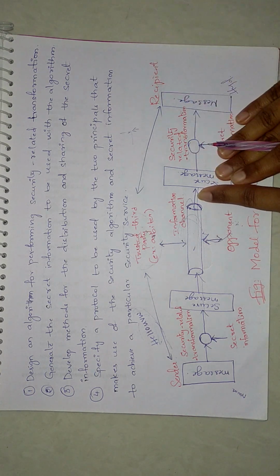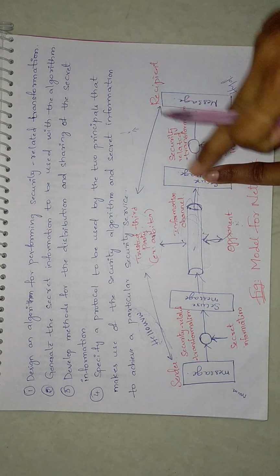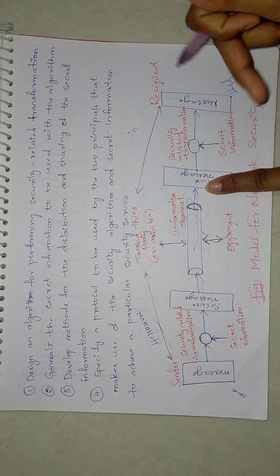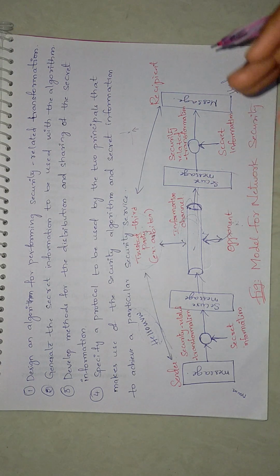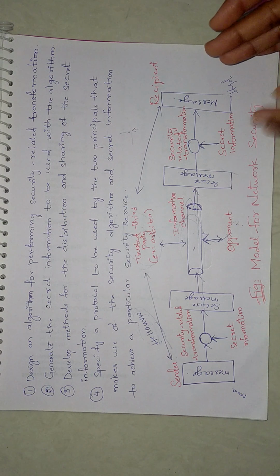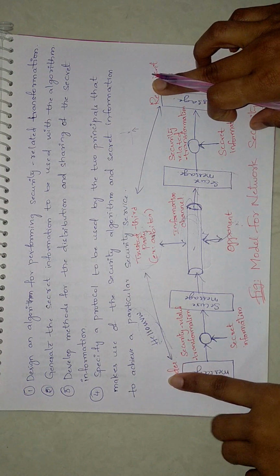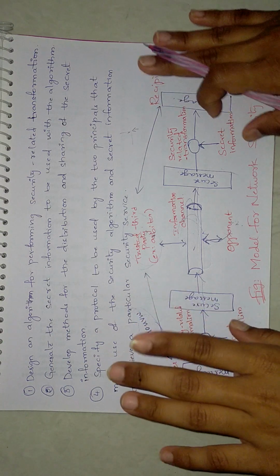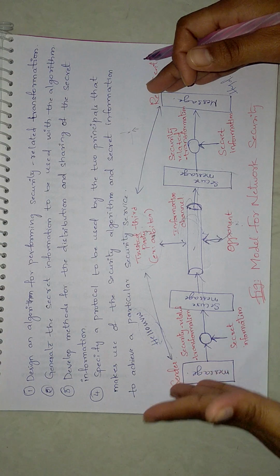So now here, what are the messages received? They will store the message, and now they will decrypt the message. That means they will change the unreadable format to the readable format. While doing that, the sender and receiver will have the same algorithm that will not be published to anyone. So that will be kept secret.